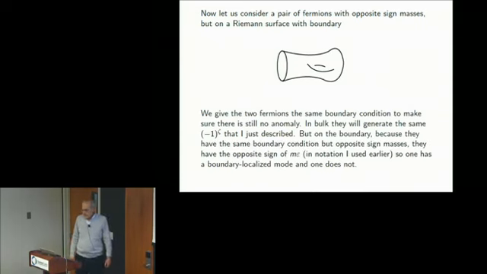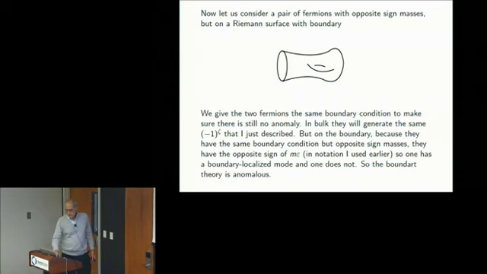But on the boundary, because they have the same boundary condition but opposite sign masses, they have the opposite sign of m epsilon. So one has a boundary localized mode and one does not. So the boundary theory is anomalous, but the product of minus 1 to the zeta and this anomalous boundary theory must be anomaly free, because we got it from a manifestly anomaly free bulk theory.